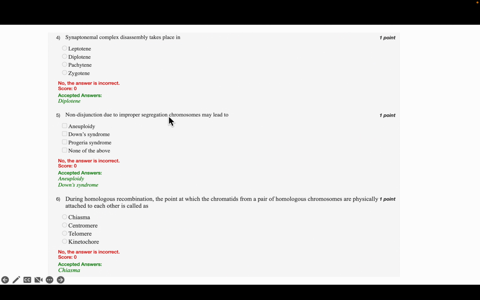Non-disjunction due to improper segregation of chromosomes may lead to what? Aneuploidy, Down syndrome, progeria syndrome, or none of the above.